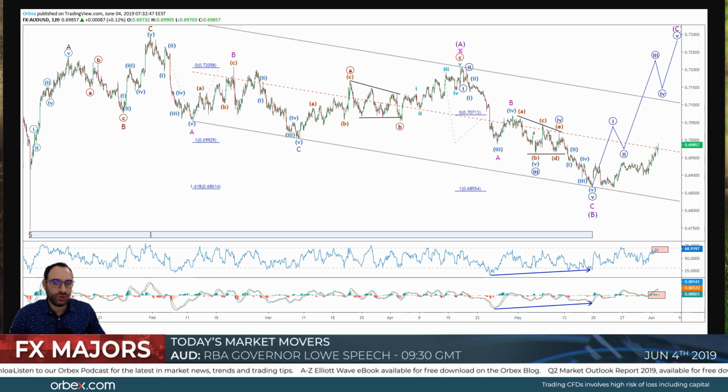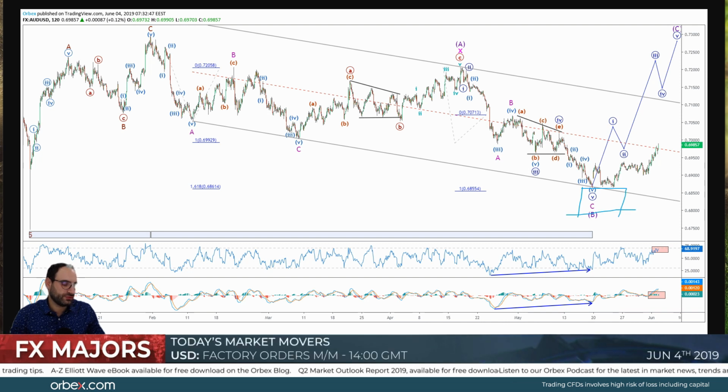The Aussie dollar, I think, has completed its corrective move to the downside. We've had a zigzag to the upside, then we turned negative.